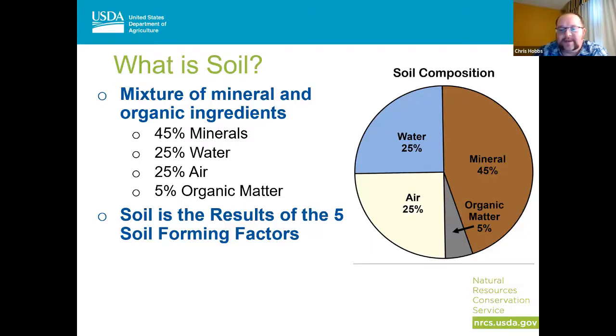The amount varies depending upon precipitation and the water holding capacity of the soil. 25% is air, an essential ingredient for living organisms. Water and air occupy the pore spaces, the area between the mineral particles. 5% is organic matter or humus. Billions of both living and dead organisms make up the organic matter.